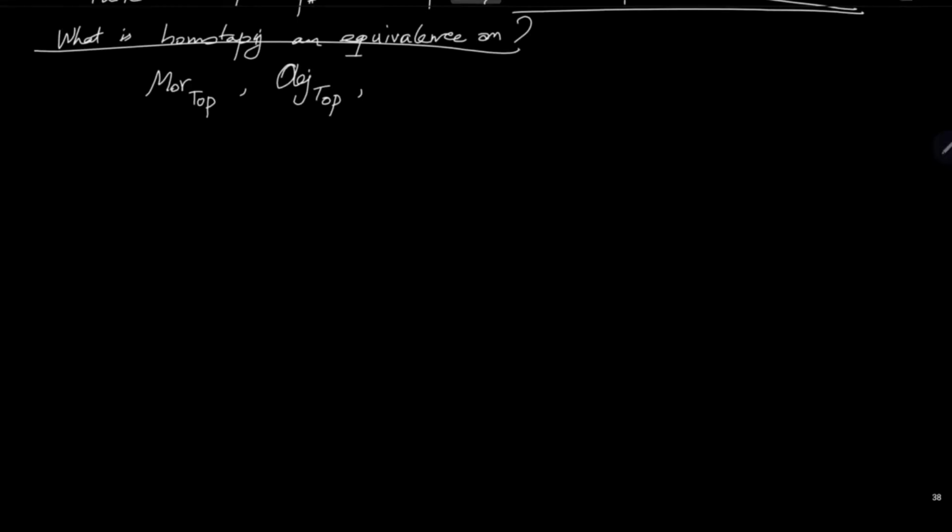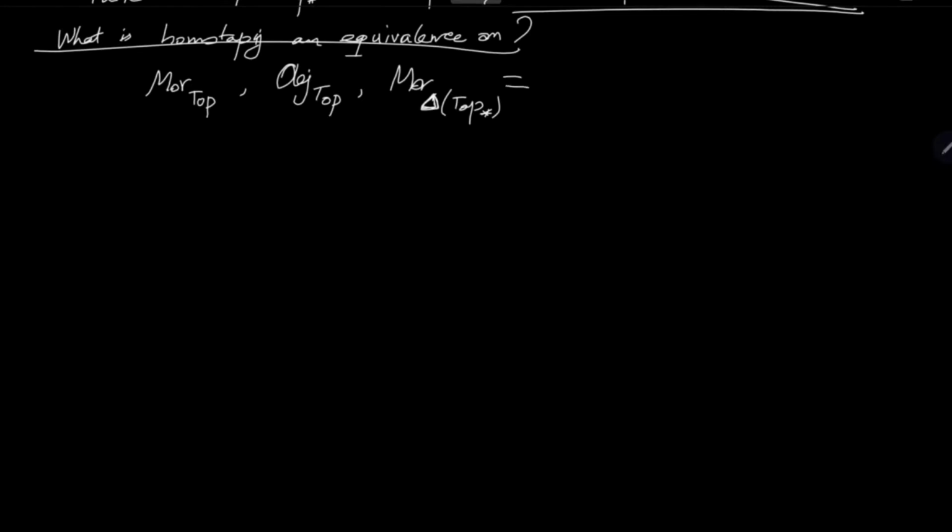It can also be on morphisms in the discrete Top star. So in this category, this Top star, we remove all the in-between morphisms and consider only endomorphisms.